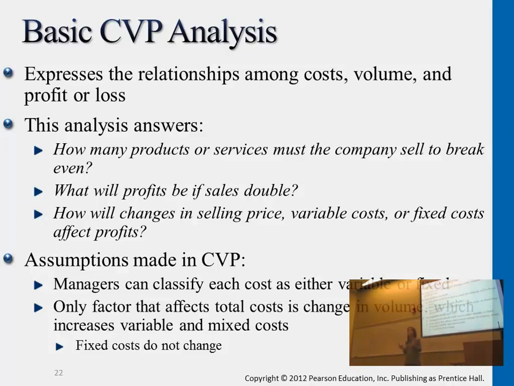Because remember, profit is the most important thing that companies generate to keep the business viable. You can't just keep getting losses. They have to get profit at the end.